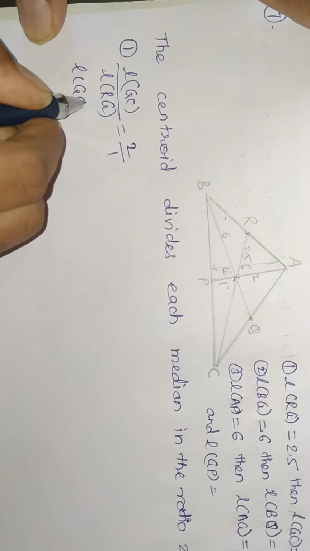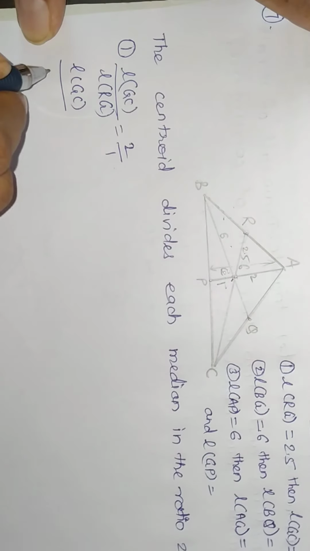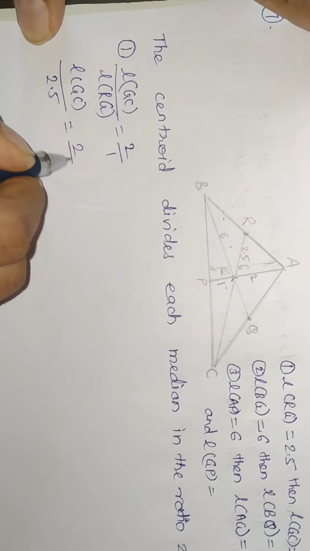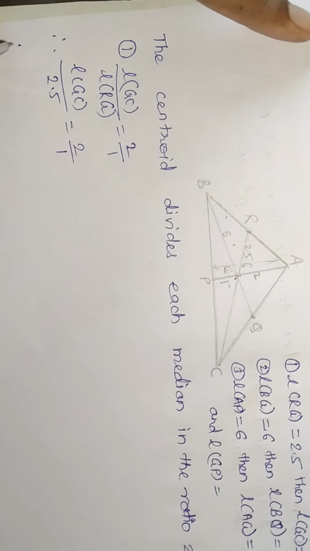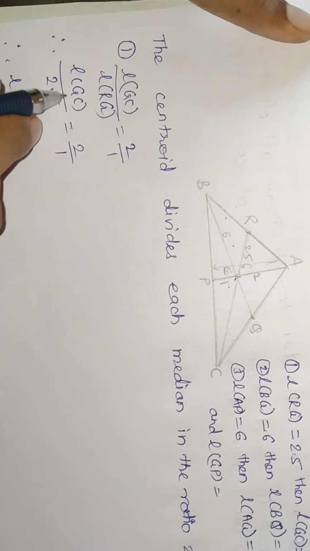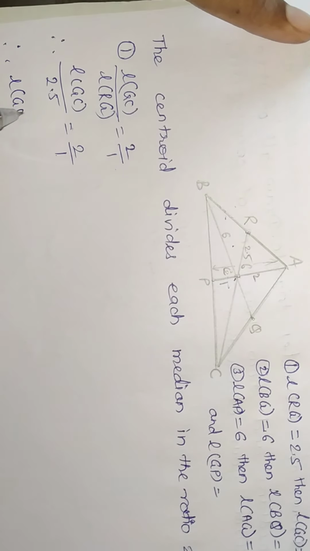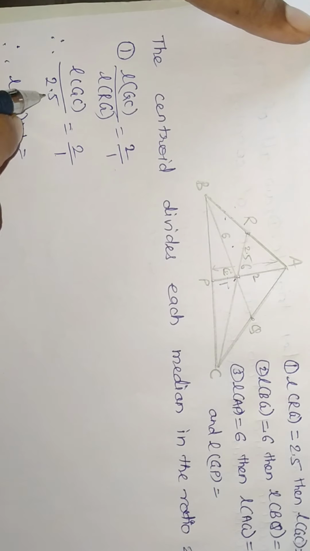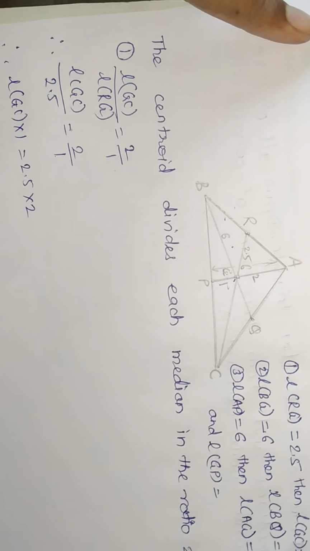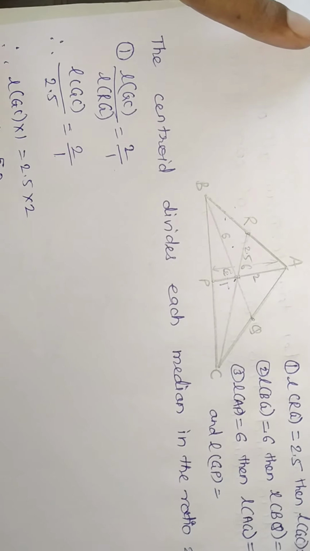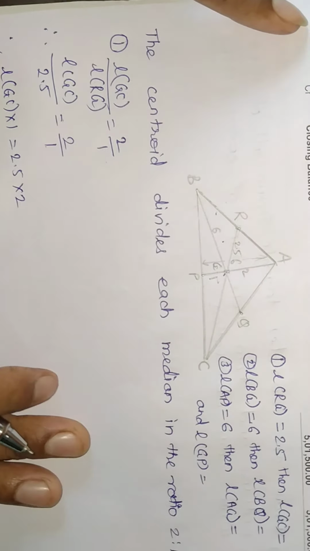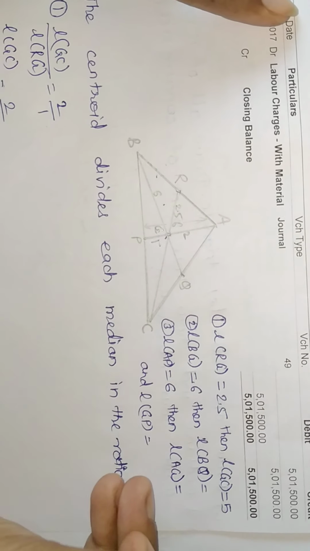RG is 2.5. Therefore, length of GC multiplied by 1 is equal to 2.5 multiplied by 2. Length of GC is equal to 2.5 into 2, that is 5.0. We can write as 5. Now GC we got 5.